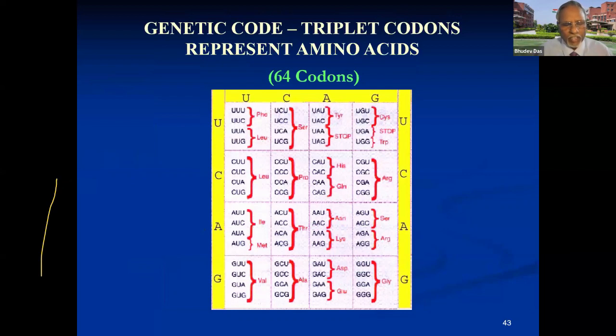This is most important; it is no less than the discovery of DNA. The triplet codons specify the amino acids, as already told by colleagues. So, Dr. Viswas, 3 bases make 1 codon for one amino acid. So these are the 64 codons. This was first developed by Hargobind Khorana.